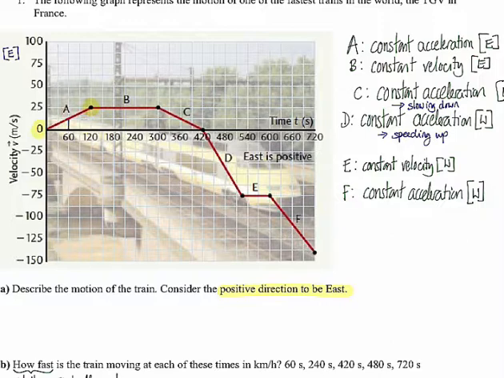If I go up from 60 seconds to the graph and then read across, I can see that it's about 12.5 meters per second east for the velocity at that time. So now all I have to do is write them in.